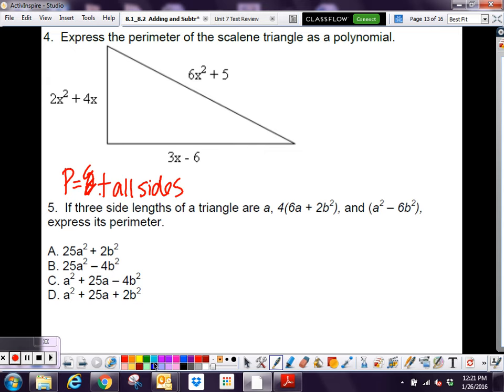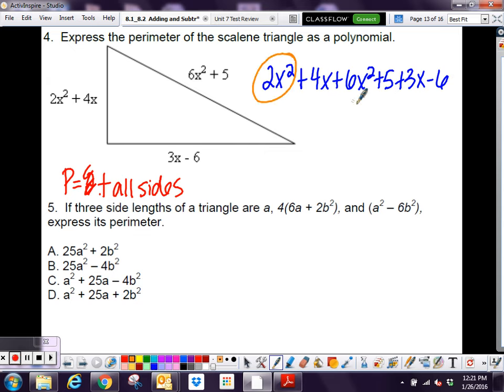Now I'm going to go ahead and write all of this out. You may just want to look at the triangle and add them all up, but I'm going to go ahead and do this. So I've got 2x squared plus 4x plus 6x squared plus 5 plus 3x minus 6. Just so I can get it all laid out there for me. Okay, I'm going to look at my x squared.